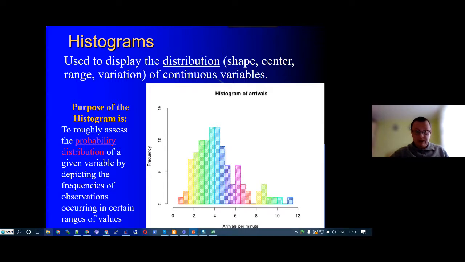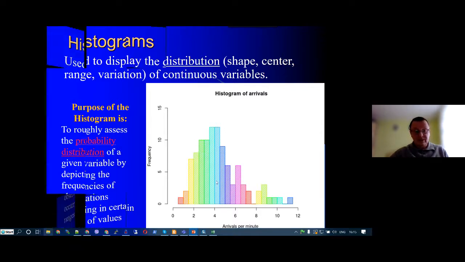Again, it's not the number of patients, it's the frequency of how often such events happen. For example, an arrival gap of 11 minutes and 30 seconds happened once, and the typical arrival rate is about 3 minutes 30 seconds or 4 minutes 30 seconds. Again, it's frequency.